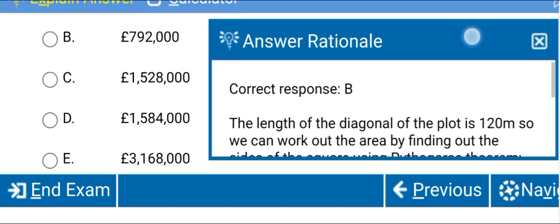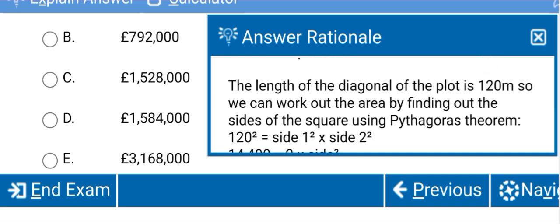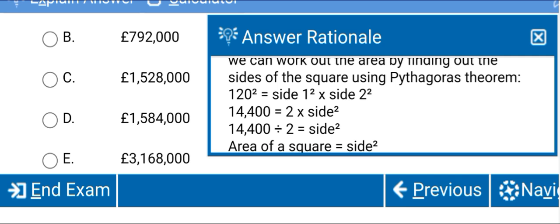So the correct response is option B, as the length of the diagonal of the plot is 120 meters. So we can work out the area by finding out the sides of the square using Pythagoras theorem. That is 120 square equals side 1 square plus side 2 square. So 14,400 equals 2 into side square. 14,400 divided by 2 equals side square.